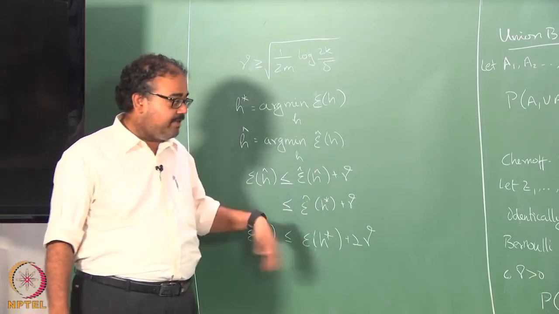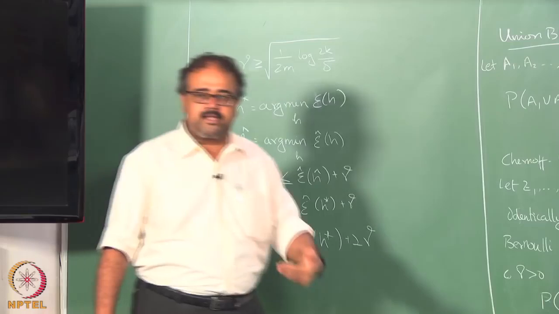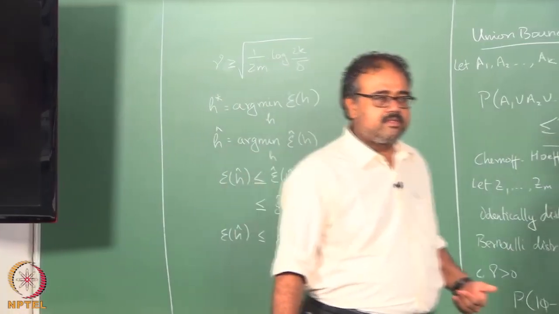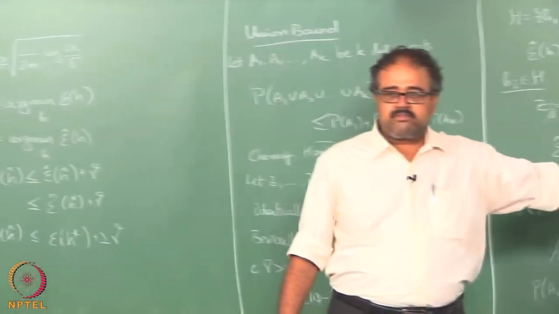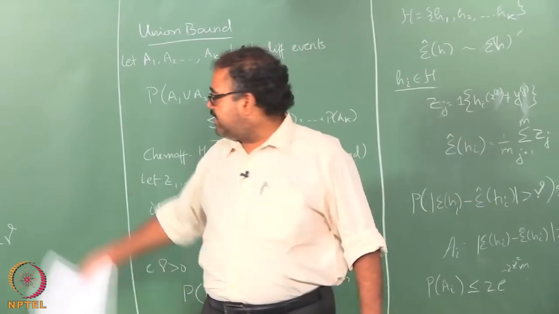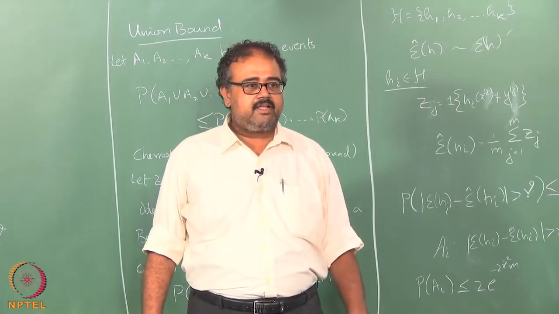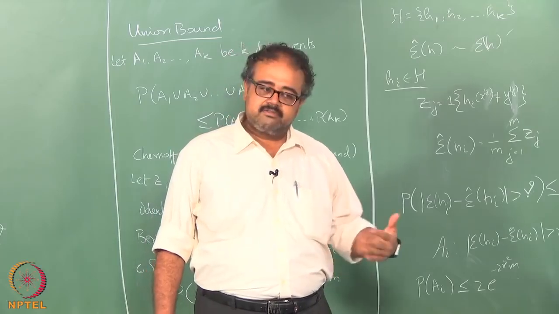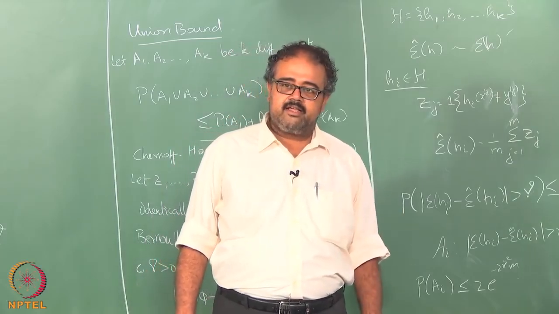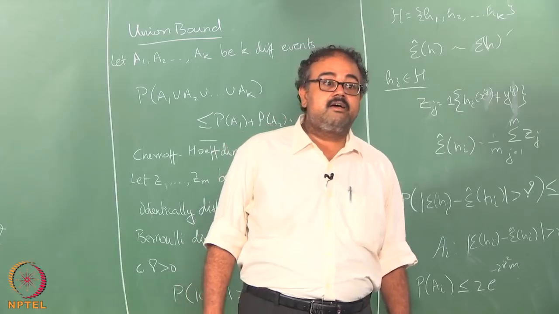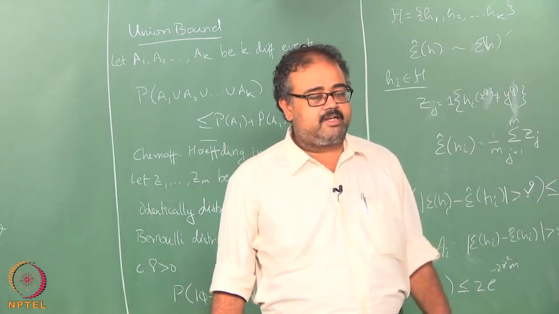So essentially this gives you the guarantee that if I do empirical risk minimization, taking that many samples, then I will be within 2 gamma of the true classifier. Anything else I need to add? With probability 1 minus delta.